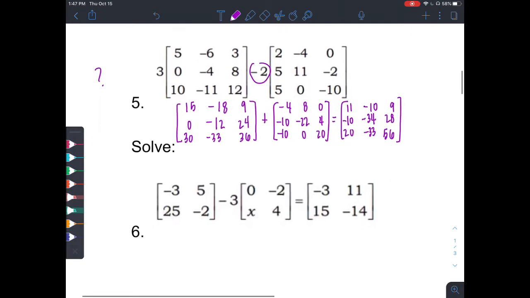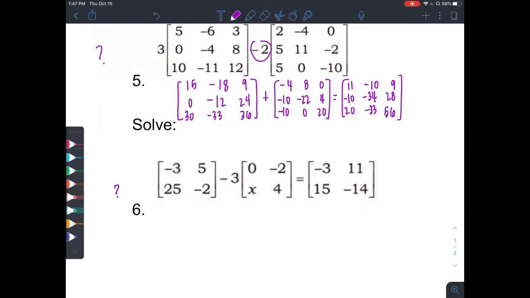All right, go ahead and do that next one on your own. So what we want to do for this one was set up an equation. So we're just solving for x. So we have negative 20, positive 25.